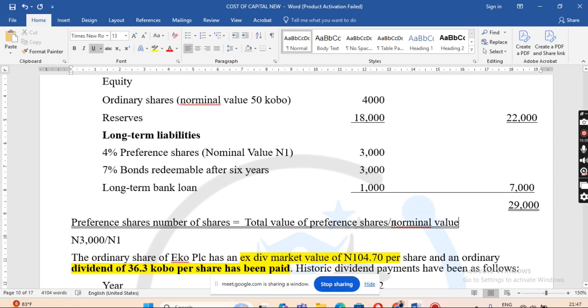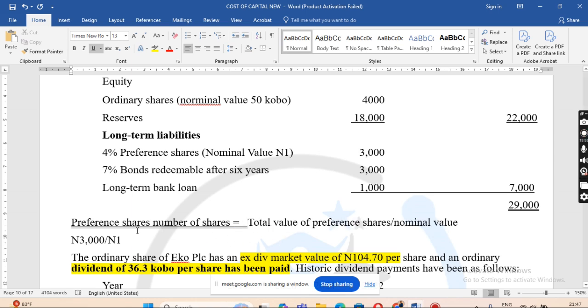We give you the numbers of shares. Even when you want to get your numbers of ordinary shares, the total ordinary shares divided by the nominal value, we give you the numbers of shares. Why am I doing this? Because I need to get the numbers of shares.